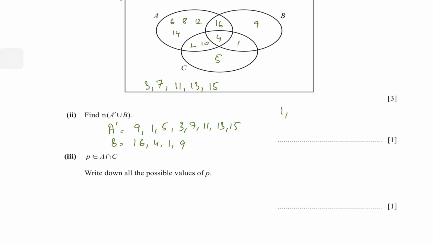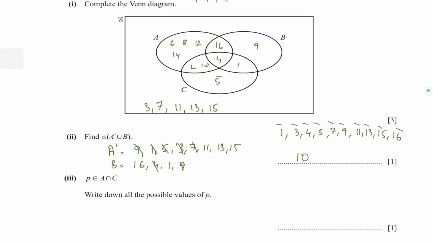So we have 1, 3, 4, 5, 7, 9. We have 9 in both, and then 11, 13, 15 and 16. So let's count them: 1, 2, 3, 4, 5, 6, 7, 8, 9, 10. So the answer to that is 10.